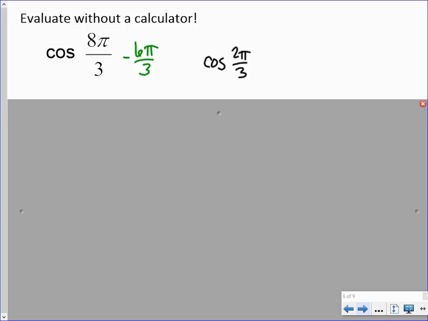X is -1/2, and y is positive square root 3 over 2. And then we know on the unit circle, cosine is always x and sine is always y. So to answer that question, we would just say -1/2.